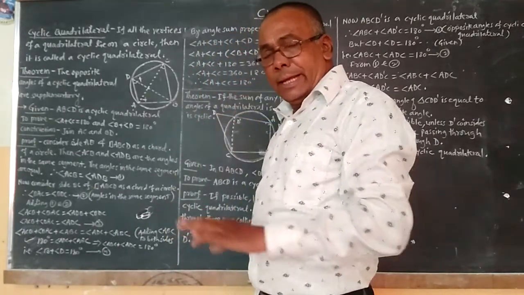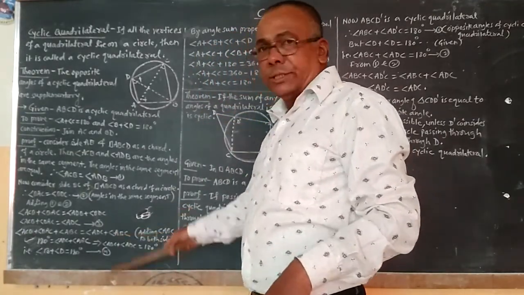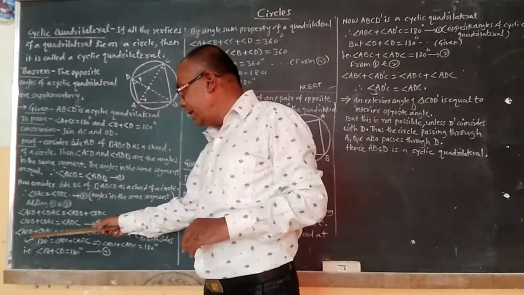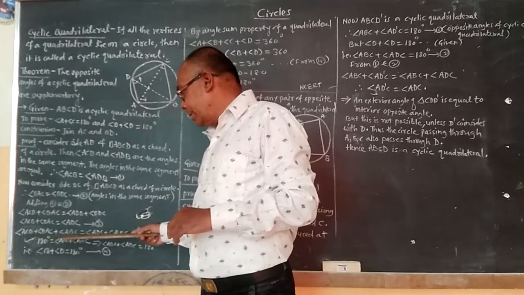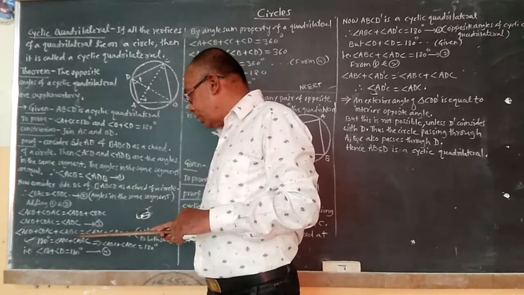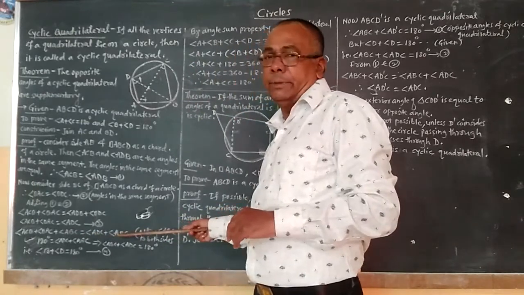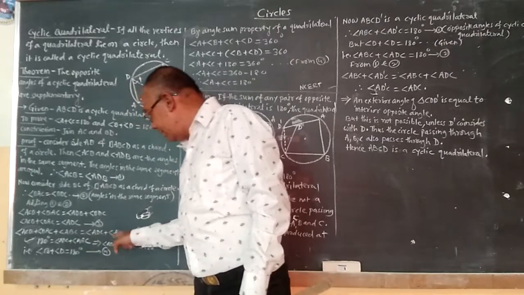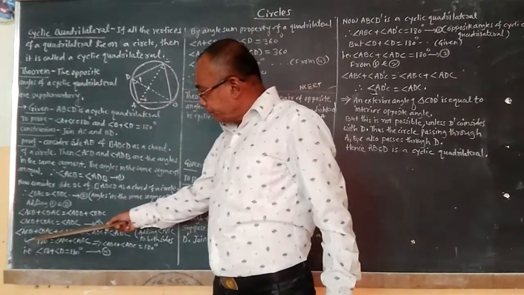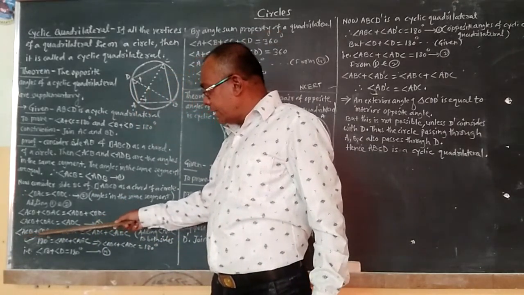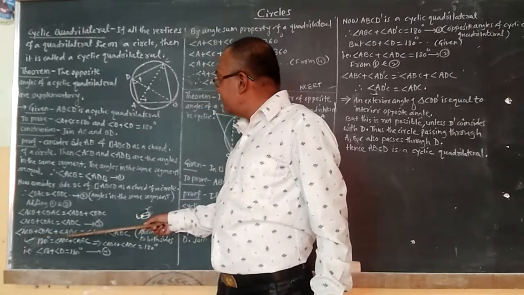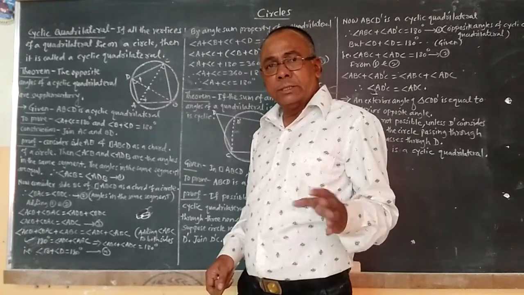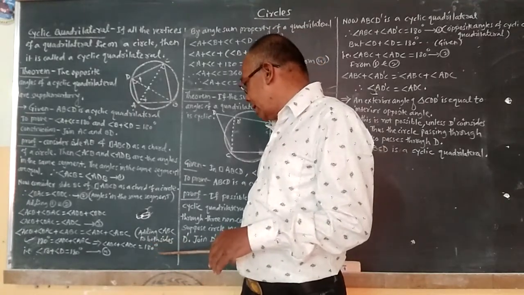Here adding angle ABC on both sides of the equation, we will get angle ACB plus angle BAC plus angle ABC is equal to angle ADC plus angle ABC. Here angle ACB plus angle BAC plus angle ABC is equal to 180 degrees according to the angle sum property of a triangle.